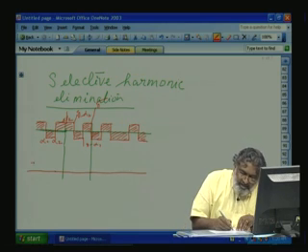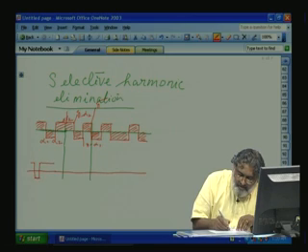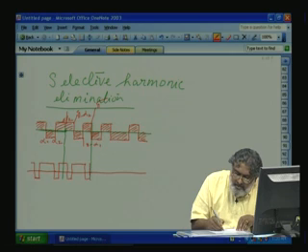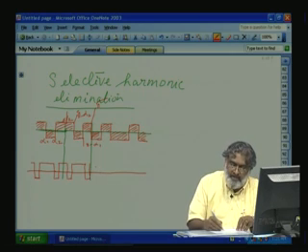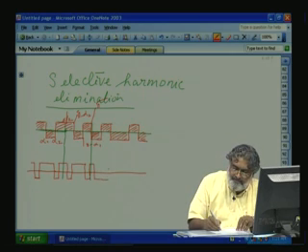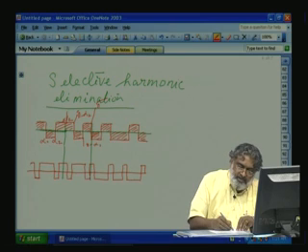So, the pole voltage A goes positive and negative: plus VDC by 2 during this period, minus VDC by 2 during this one.